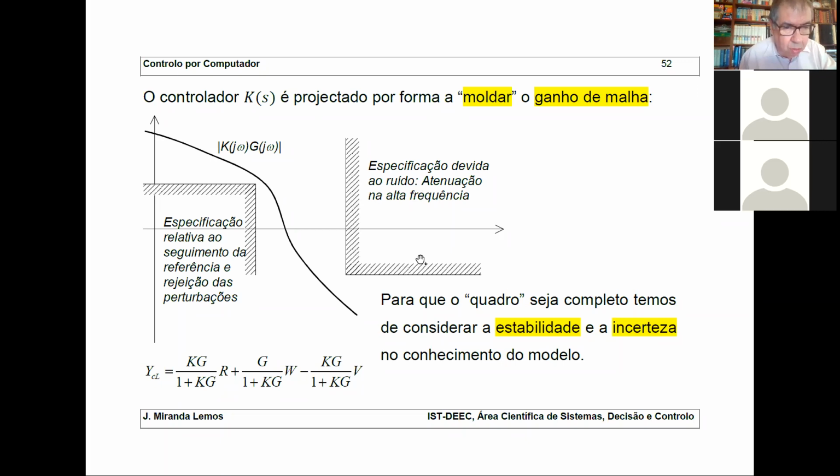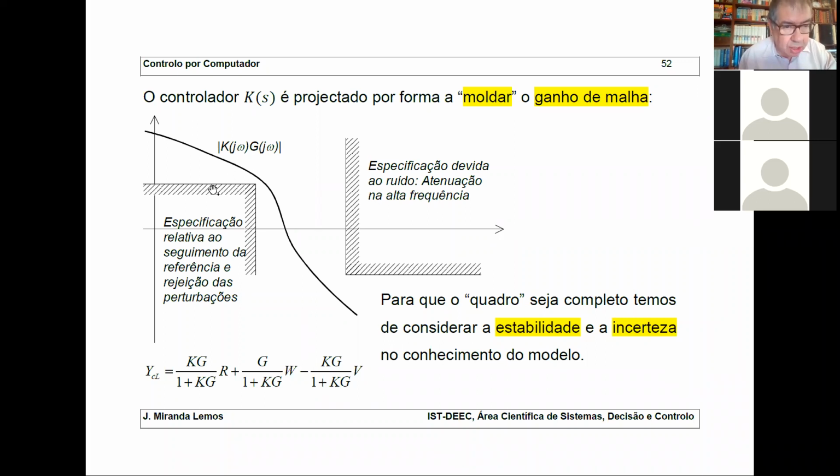Now, you can say, well, maybe in this frequency range, where kg is big, I have a good tracking of the reference, and I have also good disturbance rejection.